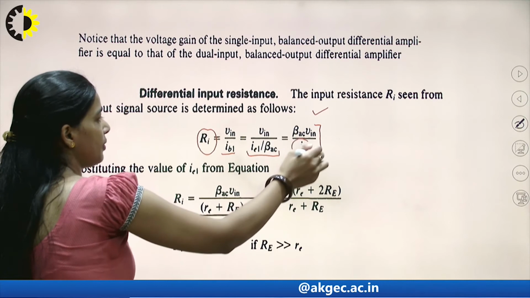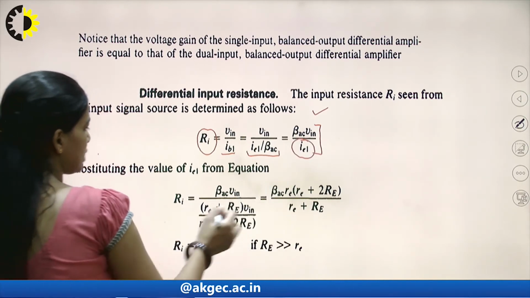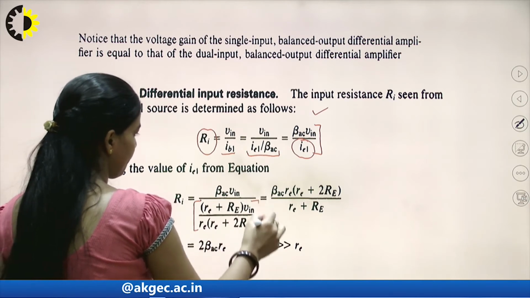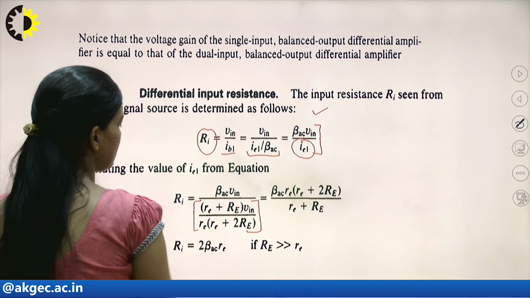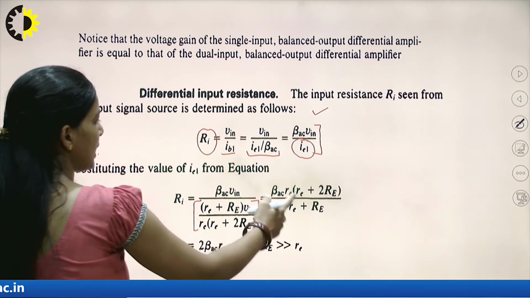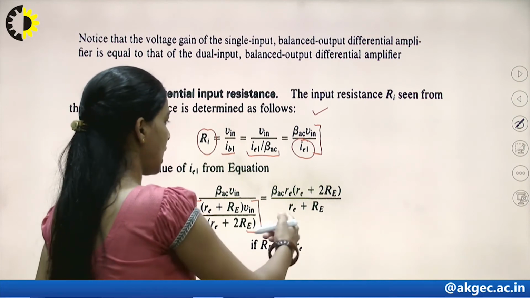IE1 we have already calculated, we know its expression. So that expression is written here, and simplifying we get our input as beta AC re plus 2RE divided by re plus RE.